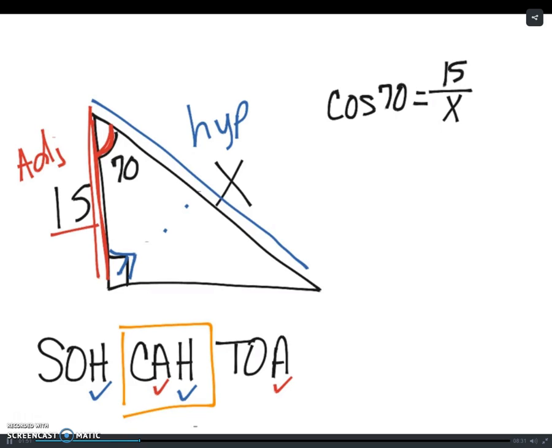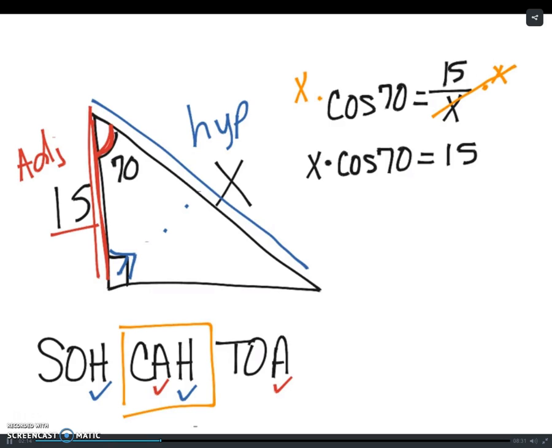Okay? And we said that in order to solve this, we have a couple of steps. So the first step is going to be, we multiply by x on both sides, and that's going to cancel out these two x's. So my new equation at this point says x times the cosine of 70 equals 15. Well, I'm trying to solve for x.